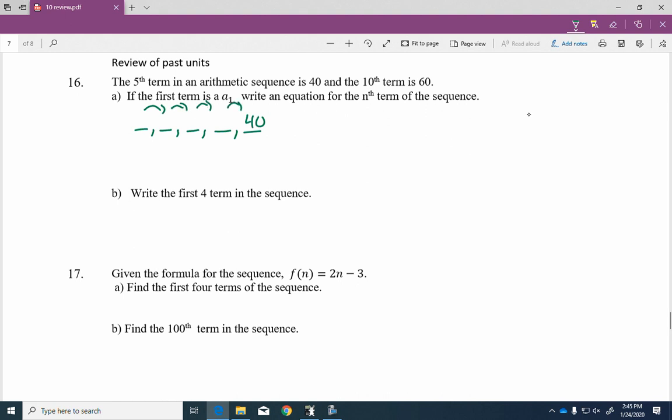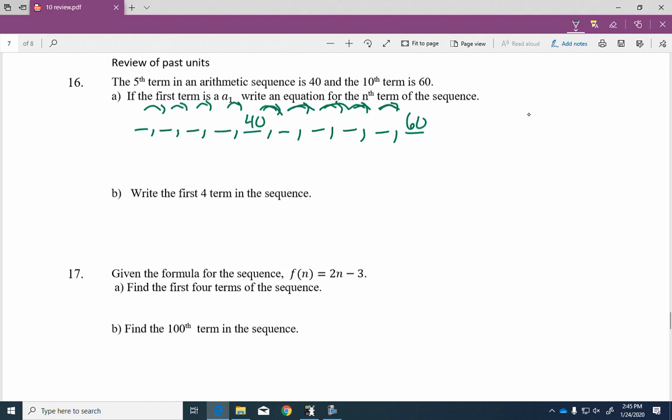They also tell me the 10th term, 6, 7, 8, 9, 10th term is 60. I can now figure out what must have gotten added on in order for me to get to 60. From 40 to 60, we're adding on an additional 20, but that 20 got added on 1, 2, 3, 4, 5 after adding something on 5 times.